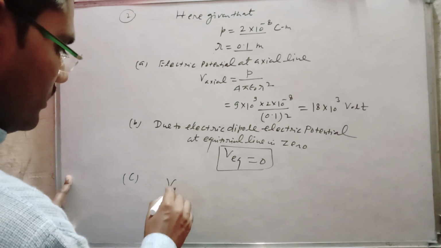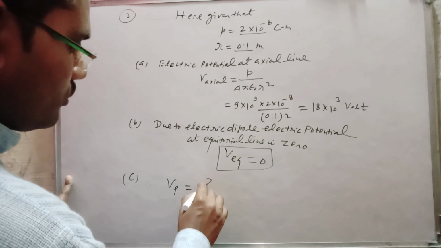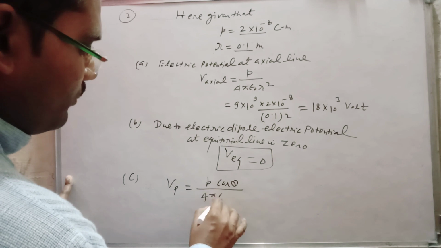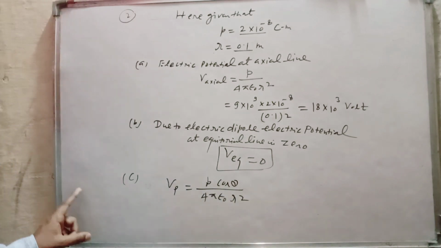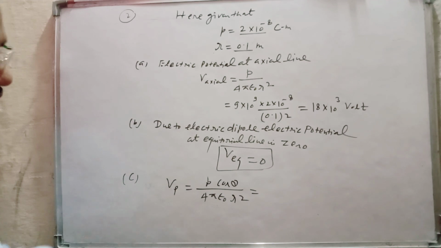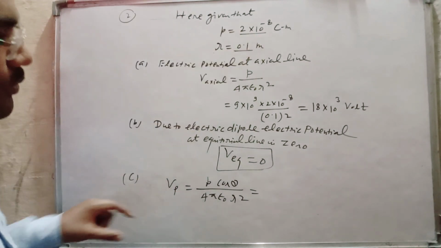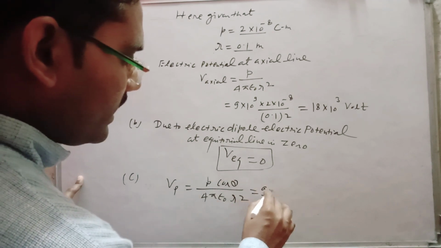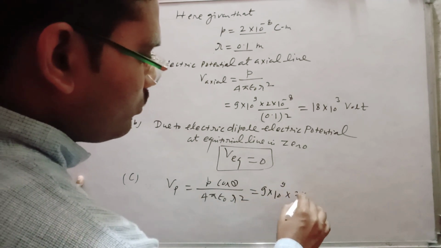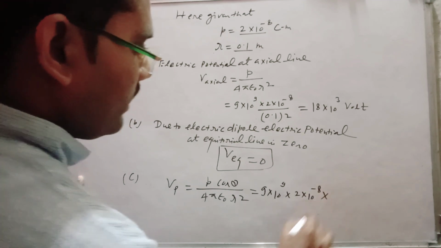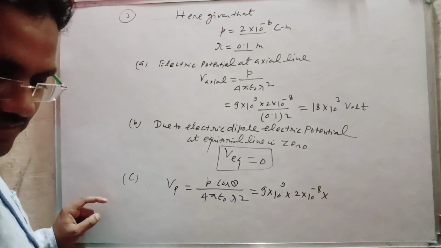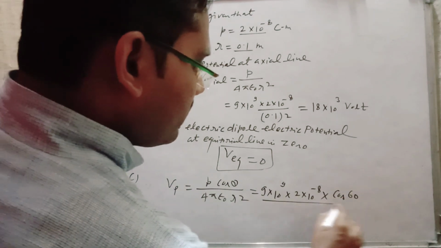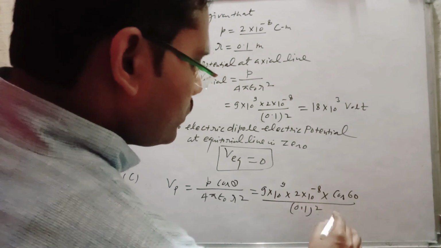So V is equal to p cos theta divided by 4 pi epsilon naught r square. In the question p is 2 into 10 to the power minus 8. Now we substitute 9 into 10 to the power 9 into 2 into 10 to the power minus 8, and theta is 60 degrees, so cos 60, divided by 0.1 square.